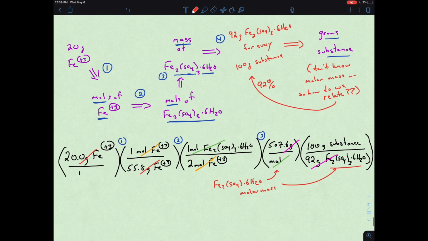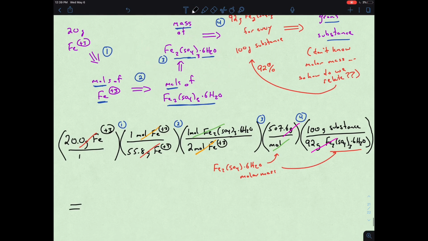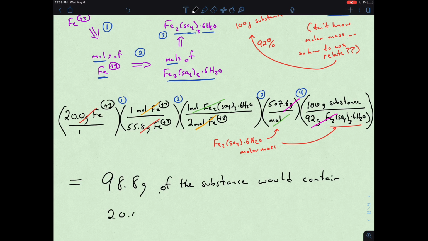And now we're left in grams of the substance, and that is our fourth conversion. And so that equals 98.8 grams of the substance would basically contain 20 grams of iron plus 3 or ferric ions.